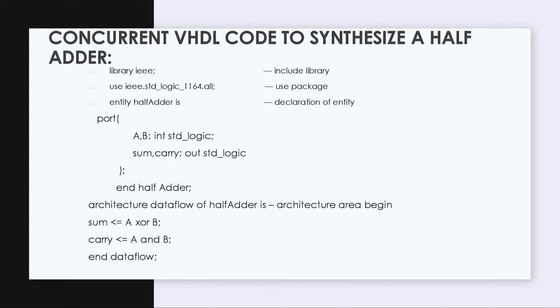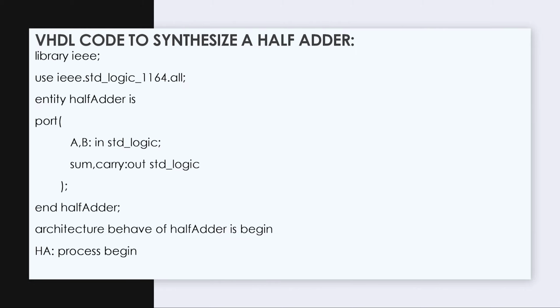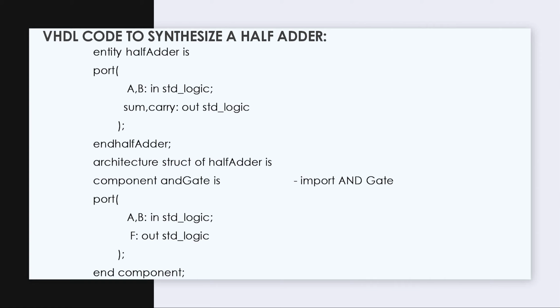This is the concurrent VHDL code to synthesize a half adder. Next we'll see behavioral modeling. This is the code for it. Now we'll see structural modeling. This is the VHDL code to synthesize a half adder.